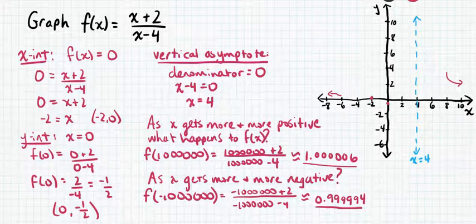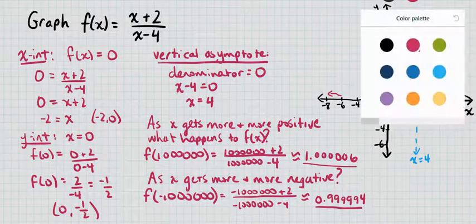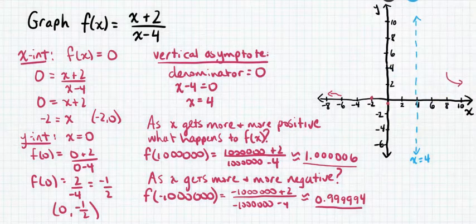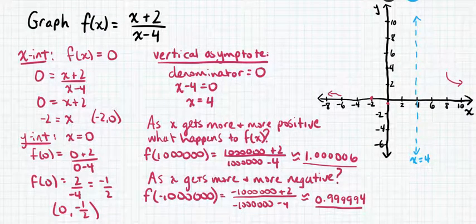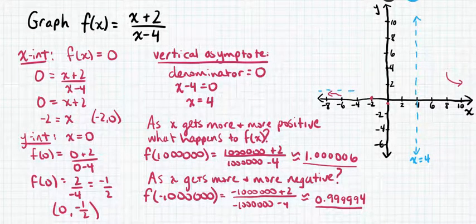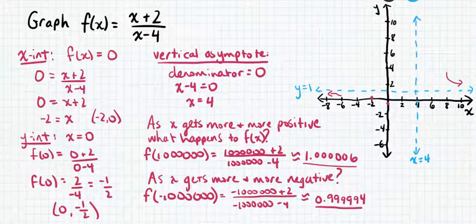Okay? So let's first draw in that horizontal asymptote. So we can see that we're approaching a y value of 1 on either side of our graph, whether we go to the far left or to the far right. So we'll draw in our asymptote at y equals 1.